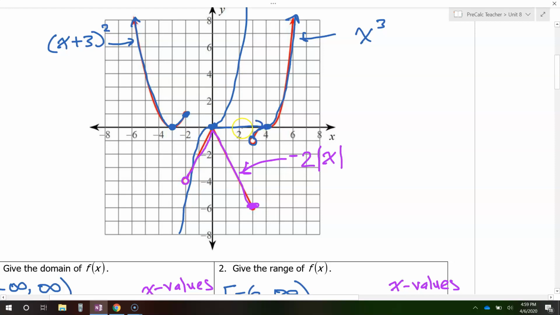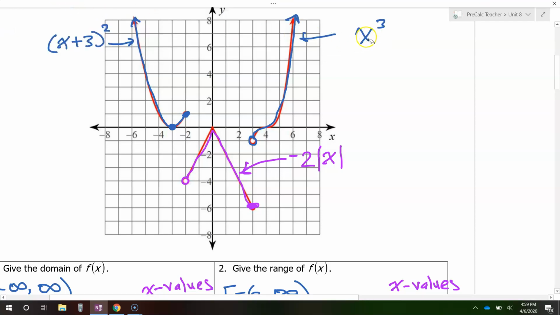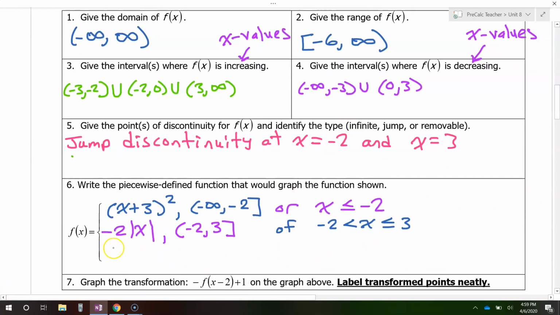All right, just hold that in your brain. So that's why I'm going to modify this slightly to show that it's moving to the right 4 units. So that will be x minus 4 cubed. All right, parent function x cubed, but moved to the right 4 units. Okay, so x minus 4 cubed.